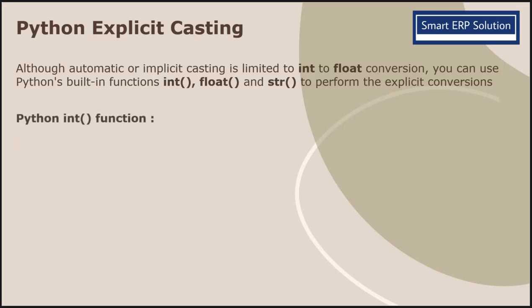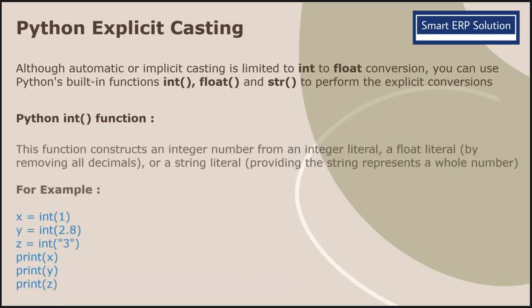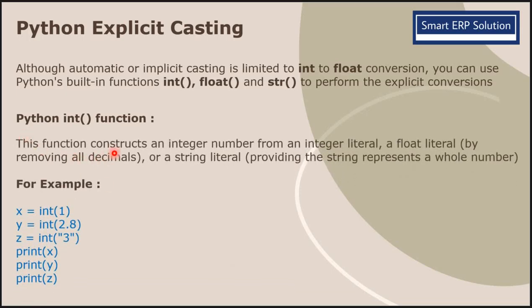Python int function. This function constructs an integer number from an integer literal, a float literal by removing all decimals, or a string literal providing the string represents a whole number.